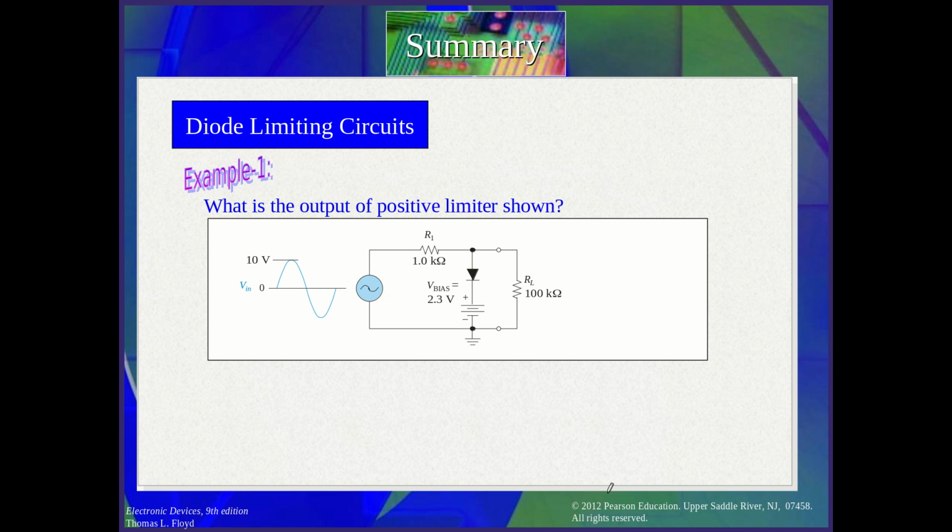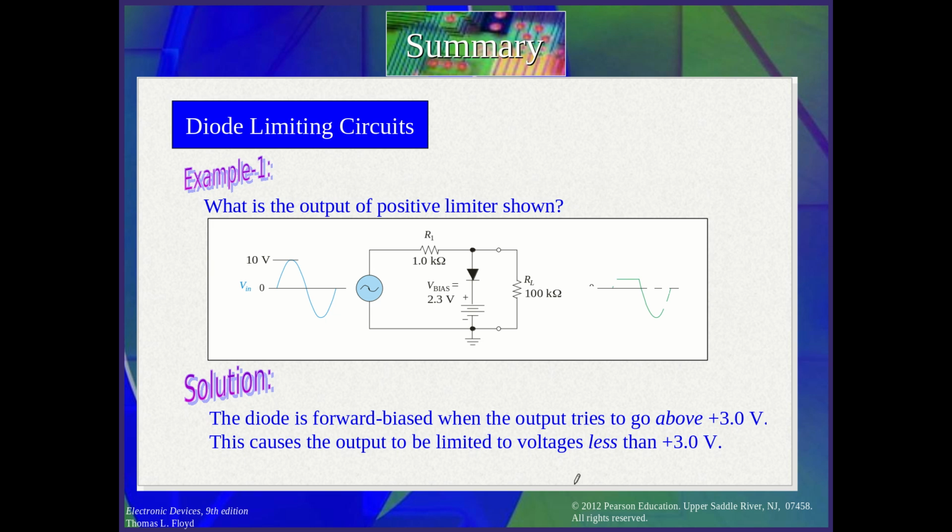Okay, what if we reverse it? Now we take an example before the reverse bias. The example here gives you 0.7 plus 2.3, so the limit is 3, so anything that goes above 3 will be cut off. Okay, so limit to less than 3 volts.